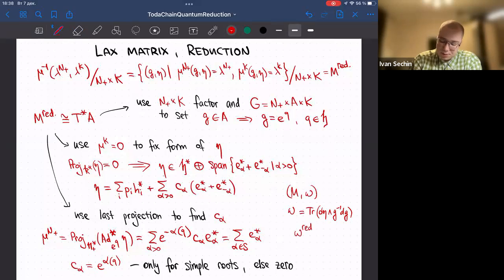And what is omega after this reduction? dp d alpha.